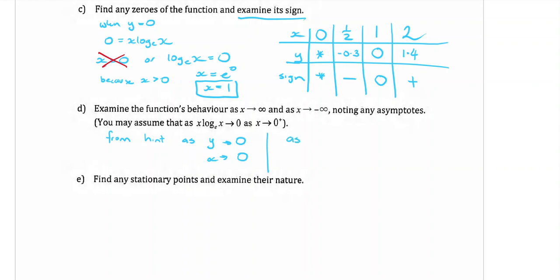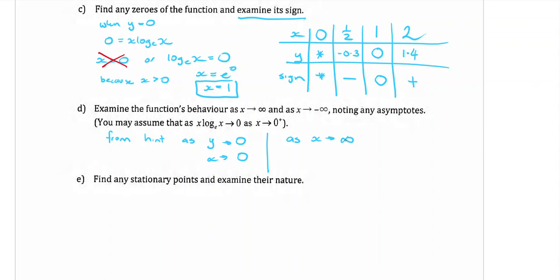Also, what happens as we go to infinity? As x is approaching infinity, let's think about this. Which one is dominant, the x or the log e of x? Which one is going to have all the power in that multiplication? The x, because you're asking which one is increasing the fastest.